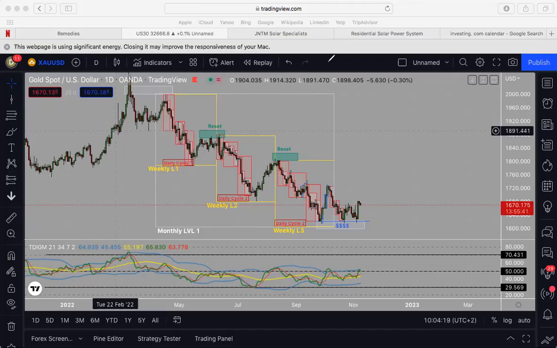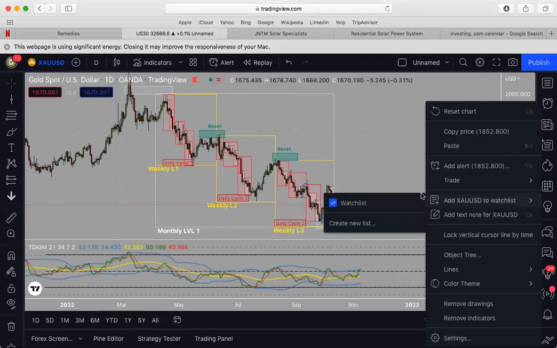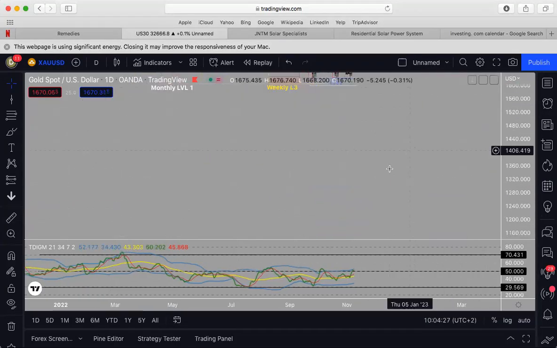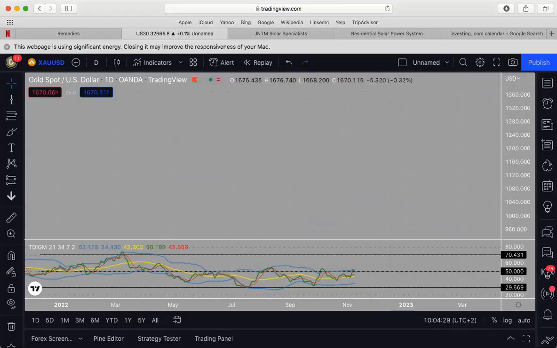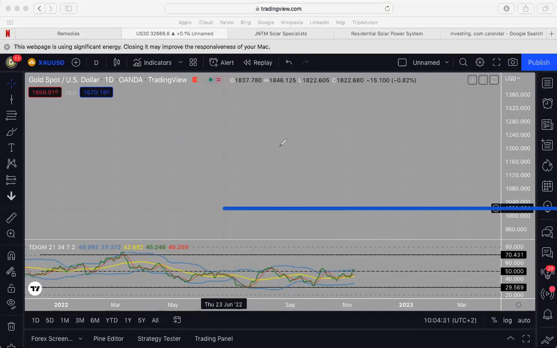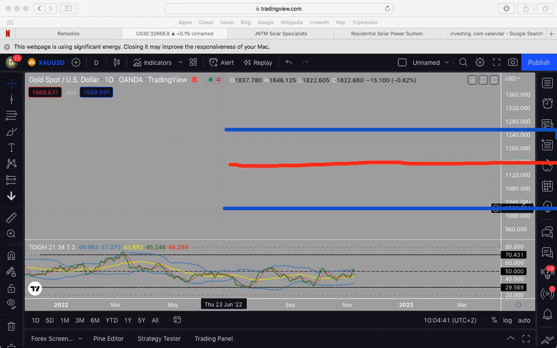Let me draw this. We need to get this straight and we need to get this clear. Okay, I don't want this to be an extended analysis, but we need to make it clear, guys. This is your TDI at the bottom, and now this line over here, try and draw it as straight as possible, is the static 50, like you got here.